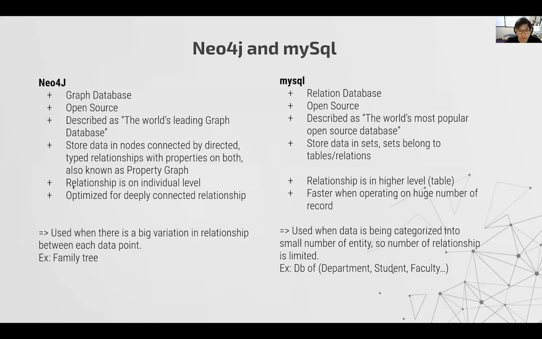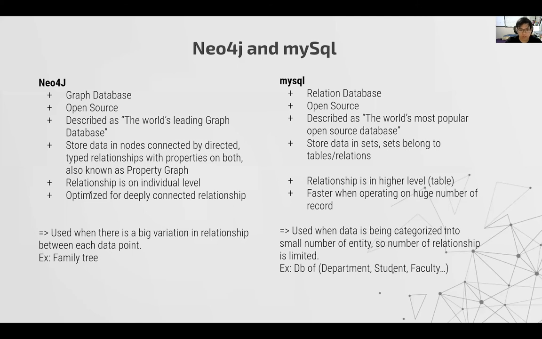In Neo4j, the relationship is on an individual level, and in MySQL, the relationship is at a higher level, or the table level. What I mean by that is you can imagine the table in MySQL, and you have different rows. Each row is a data point, and in MySQL, the relationship is between table and table, from relation to relation.